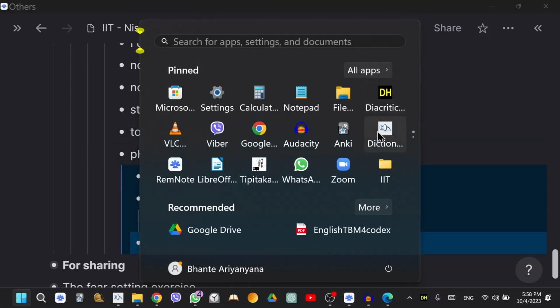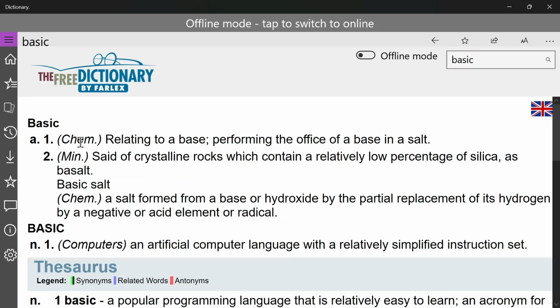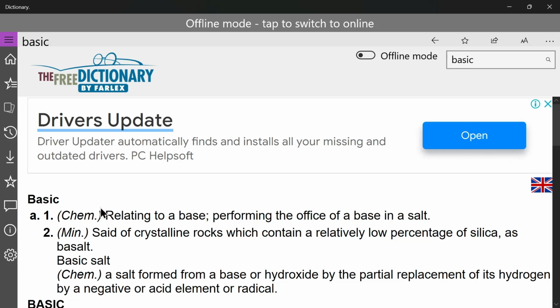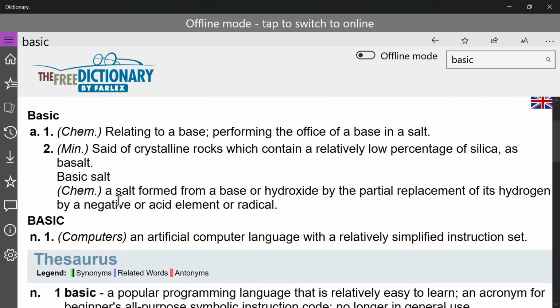Let me check. Basic. Chemistry. You see, chemistry. Relating to a base, performing the office of a base. No, this is different, I think. Basic salt.